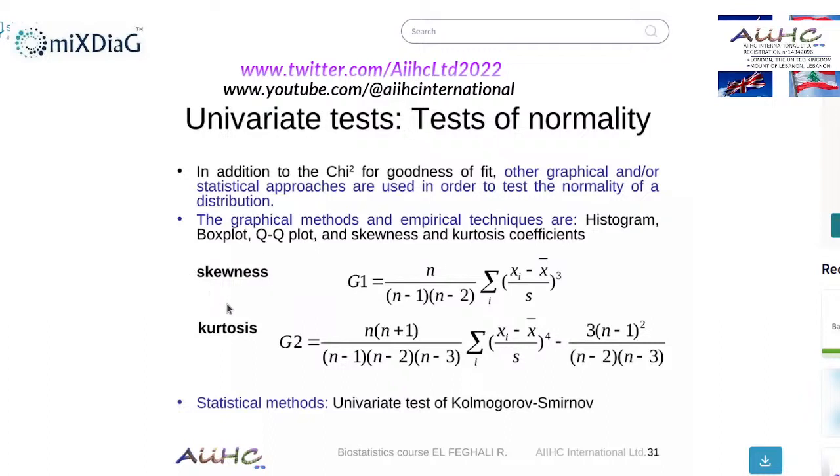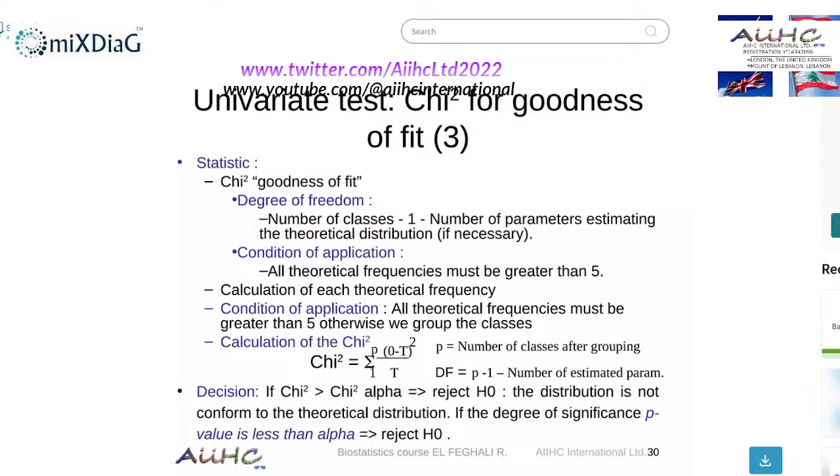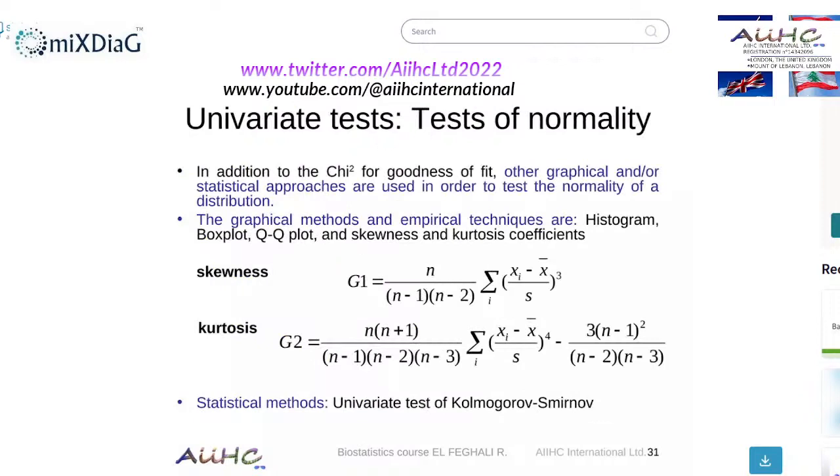So here you have formulas to calculate skewness and kurtosis. And you have a Kolmogorov-Smirnov test, which is also a univariate test, used to achieve the same purpose as chi-square for goodness of fit. Here you have many comparison tests, in fact, and you compare the result obtained by every single one.